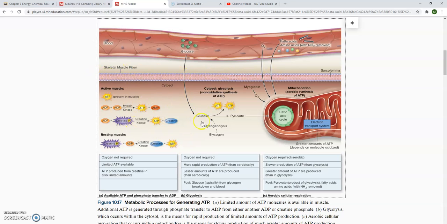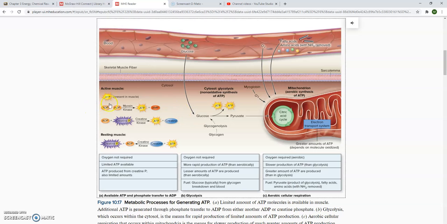And then we have the cytosol, or sarcoplasm is what we call the area between the organelles. And then this here is our mitochondria, one of the mitochondria in this particular skeletal muscle cell or fiber. So we're going to talk about the various ways that skeletal muscle cells get their ATP so that they can contract.